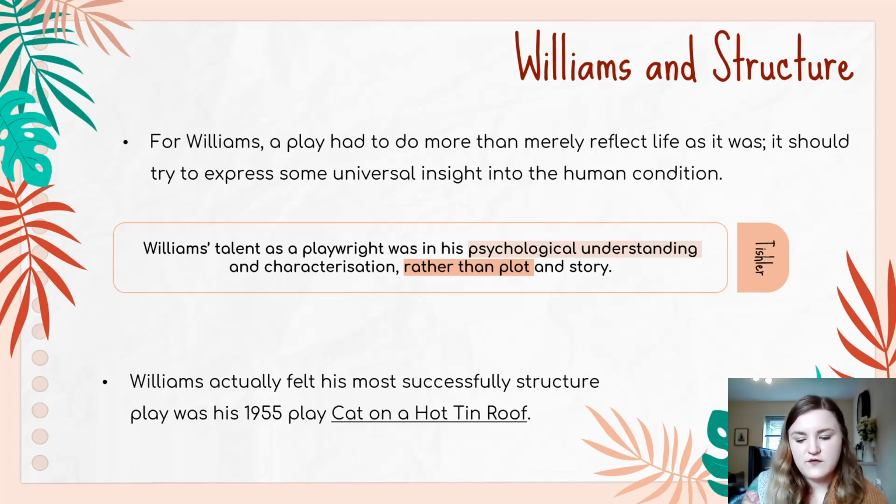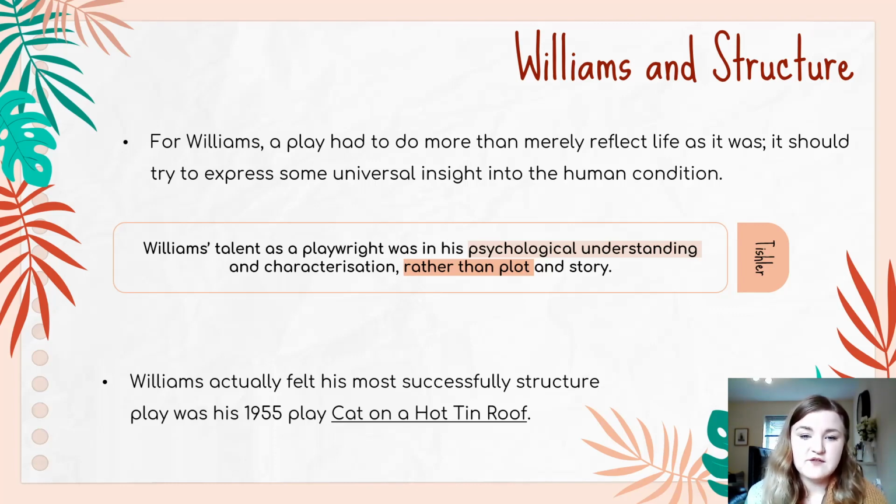His modes of dramatic expression are thus plentiful, varied, complex, and his concept of plastic theatre places as much value on non-literary and non-verbal elements of drama, such as sound and lighting, movement, setting and design, as it does on dialogue, in terms of the ability to convey a theme or a character. Nancy Tischler says that Williams's talent as a playwright was in his psychological understanding and characterization rather than plot and story.